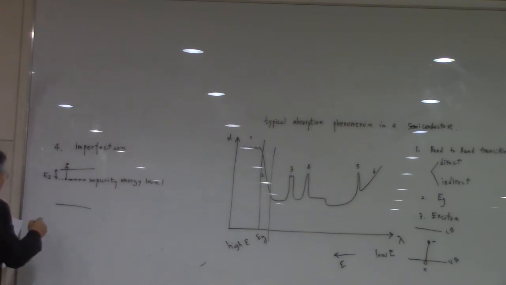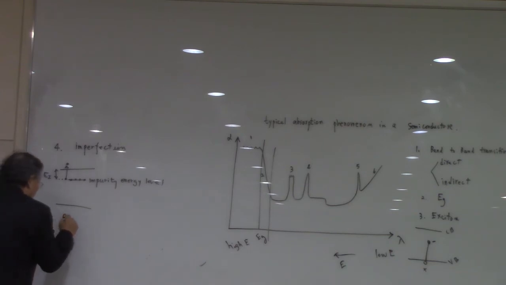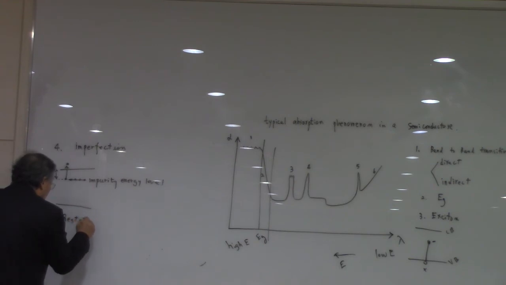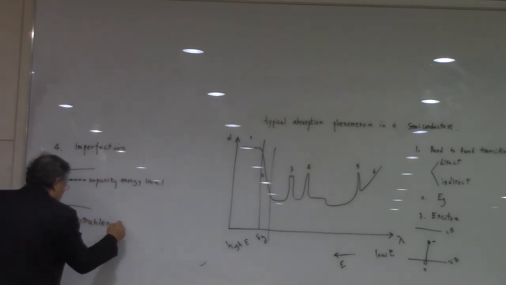And then number 5 is the Reststrahlen absorption.